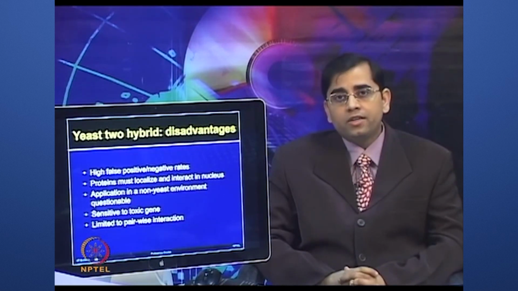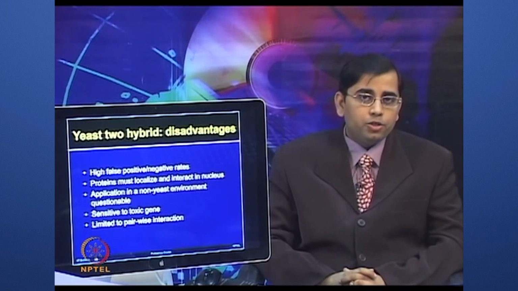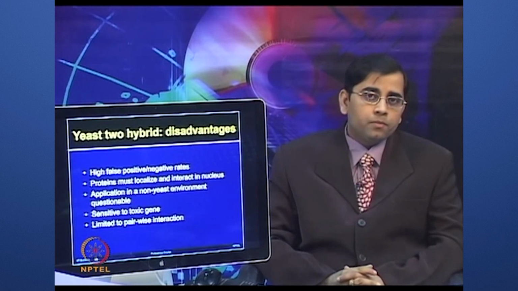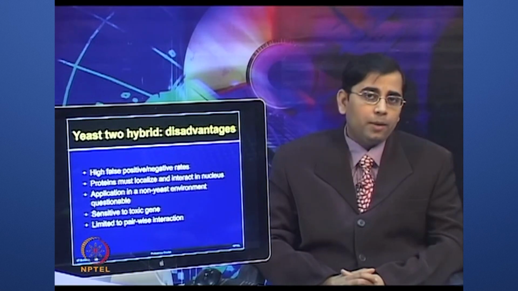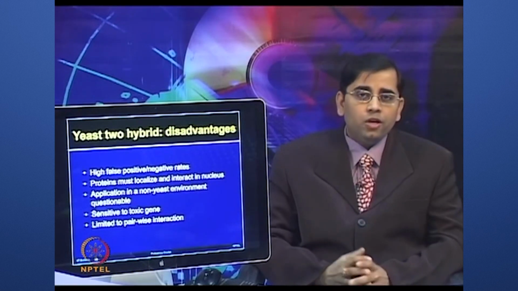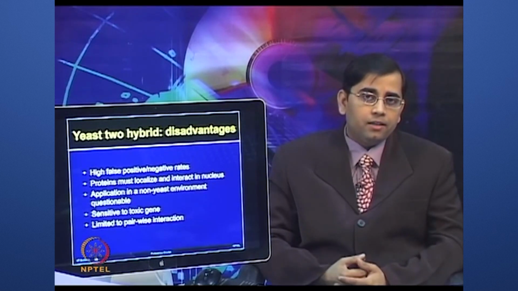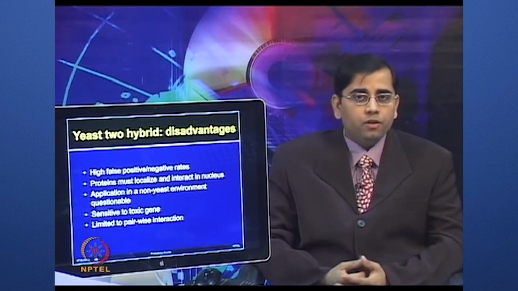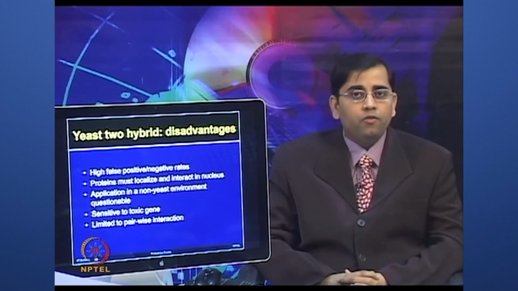But also, if you want to just generate a list of potential interactors which may or may not be true, then those could be quickly screened by using different libraries with the yeast two-hybrid method. Once you have established a list of various potential interactors, then you can use different types of validation approaches for really establishing how many of those proteins are interacting well and how many of those are false positives.